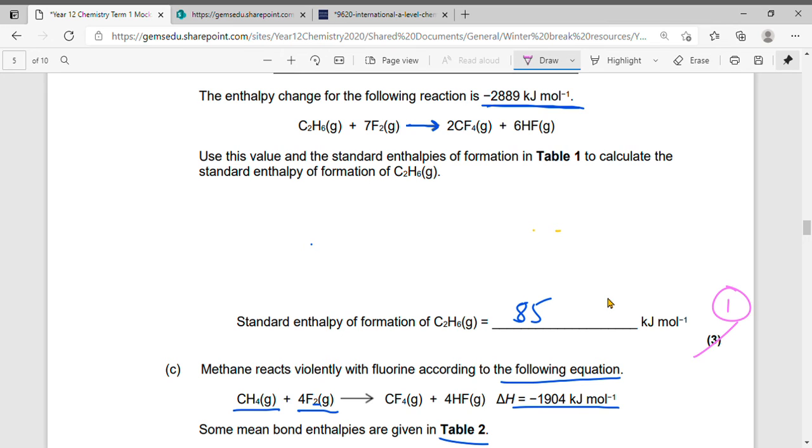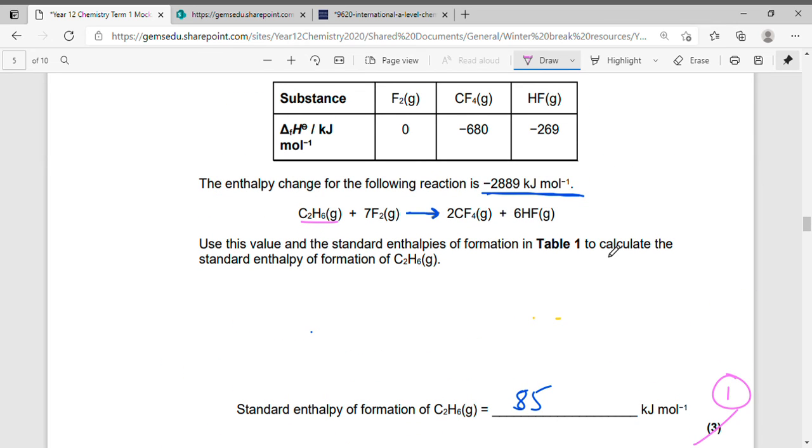But let's do it together. So, C2H6, let's scroll up to the bond values also. So F2, so breaking, we have C2H6, and making, we have 2 of this, and we have 6 of this.